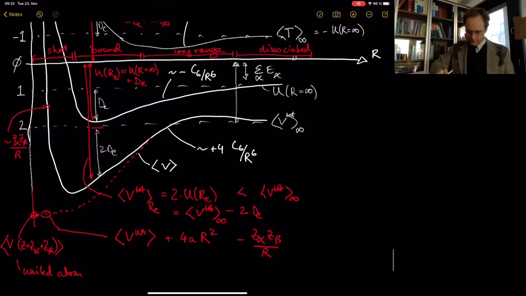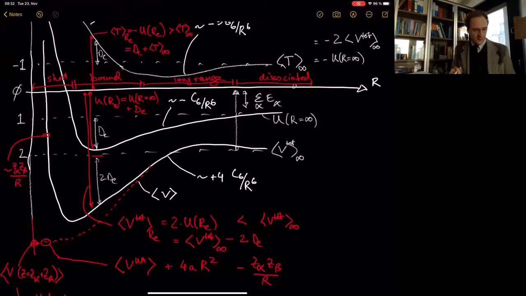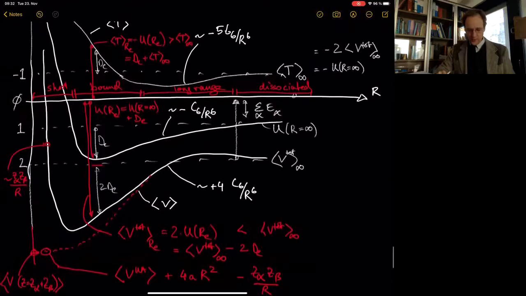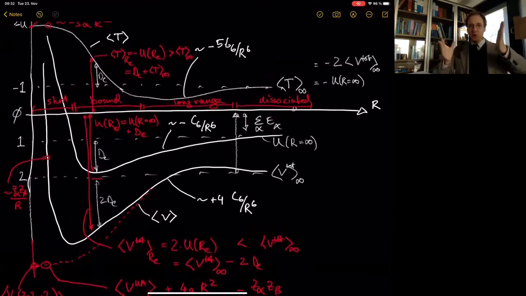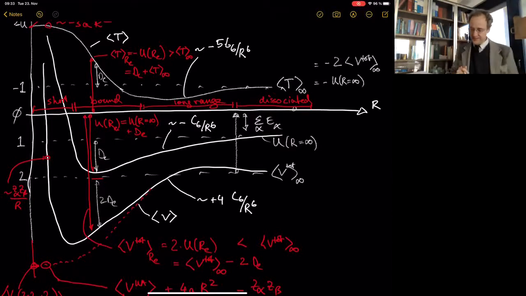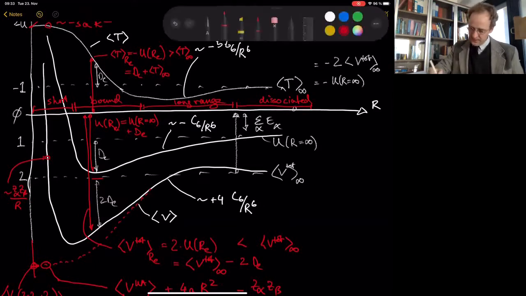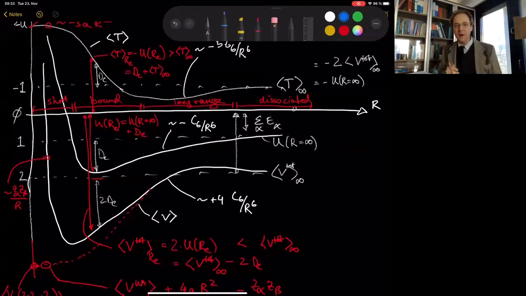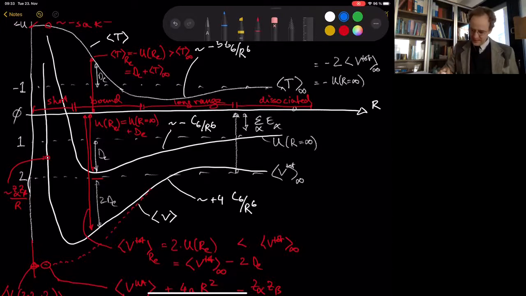Okay. So what you see now is these two competing components, right, that contribute and that result in this archetypical binding shape.